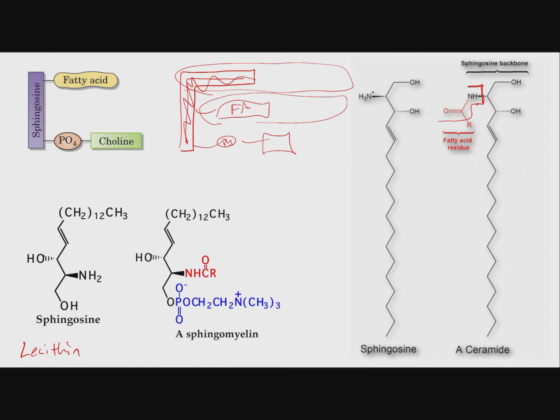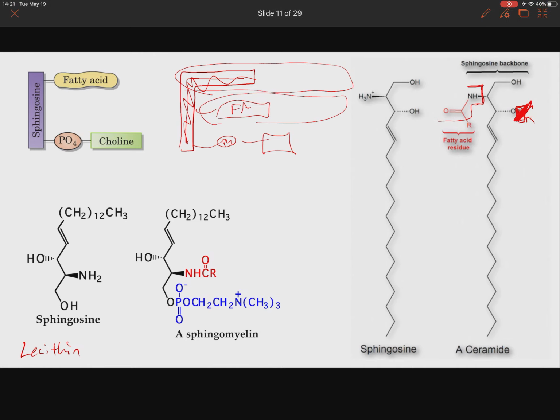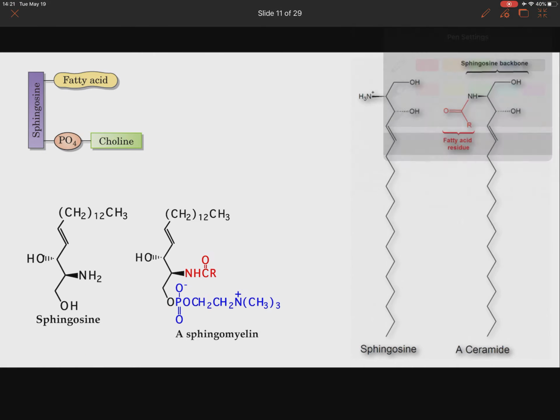One of these hydroxyl groups can form an ester bond. And if this is a hydrogen, which it is right here, I erased the hydrogen by covering it with my red, but you should still be able to remember that that is a hydrogen. There's a hydrogen there on that O. When the R group is a hydrogen, the molecule is called a ceramide.